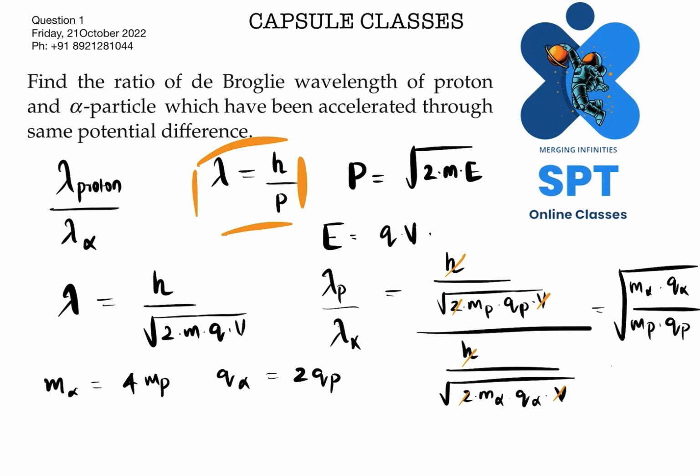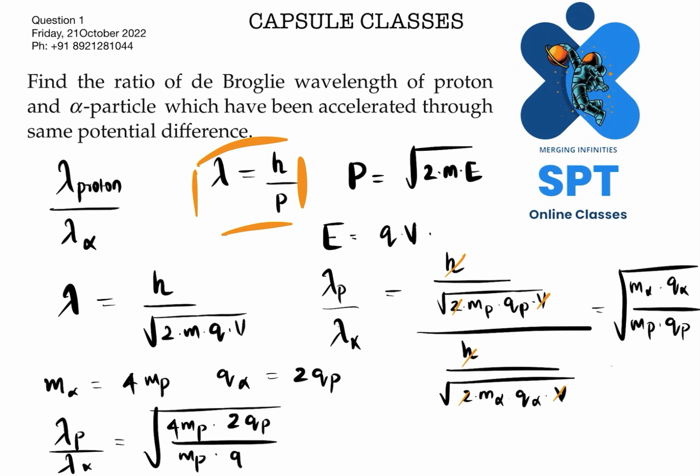Now if you substitute these two into that ratio, lambda proton divided by lambda alpha particle, what will you get? You'll be getting square root of, in the place of mass of the alpha particle we will substitute 4 times mass of proton, in the place of charge of alpha particle we will substitute 2 times charge of proton, divided by mass of proton times charge of proton, and what will you get?